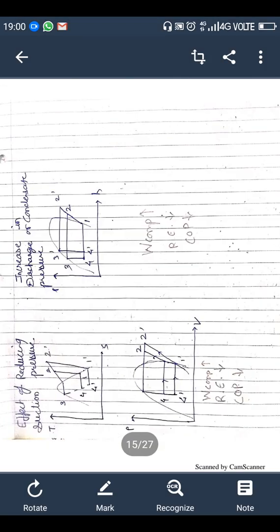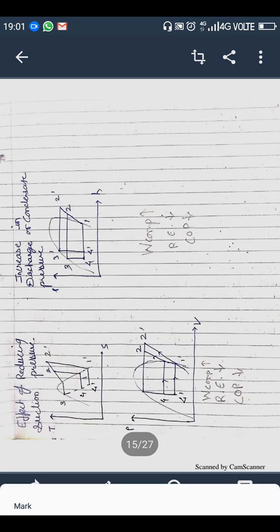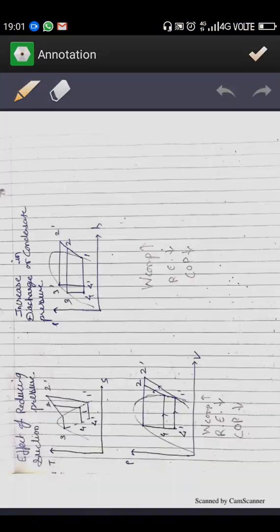So here is again the type of analysis, the effect of reduction in suction pressure. Suction pressure is here in the bottom line. So here is a reduction in suction pressure and an increase in discharge pressure. You can see we are increasing the discharge pressure from 2 to 2 dash.